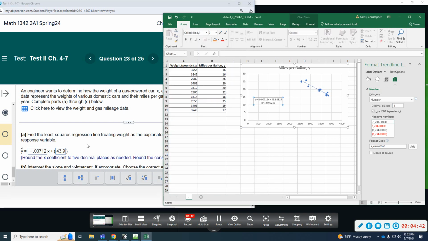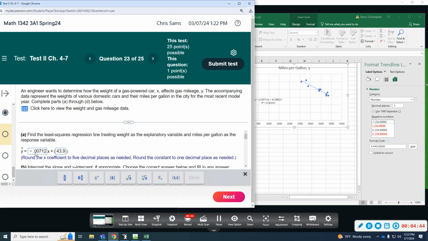Yeah, pounds. As the weight of a car decreases by this many pounds, the gas mileage is expected to, no, as the weight increases by 1, gas mileage is expected to go down by this amount.